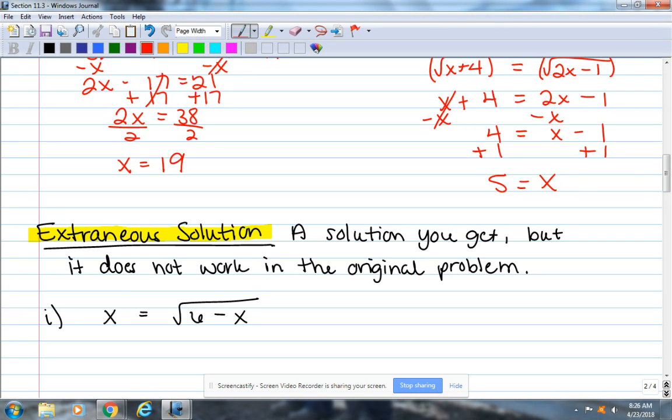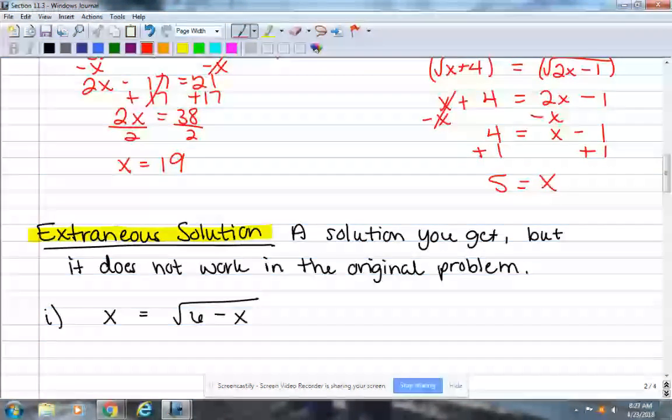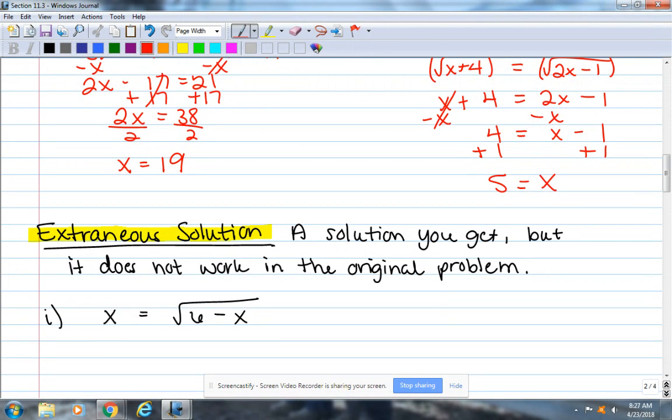So an extraneous solution, that's a fun word, extraneous, is a solution you get when you work a problem, but it does not fit back into the original problem. So if I plugged it back into the original problem, the answer I get, it's not a true statement. Okay? So extraneous, it's easy to think about that by looking at the first few letters of the word extraneous.